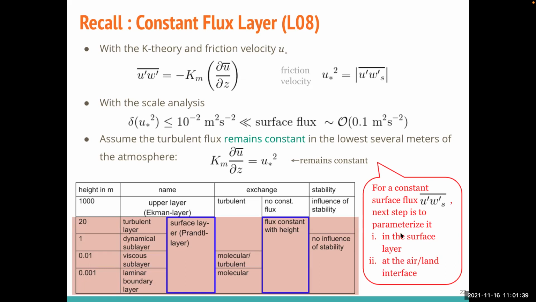So the two things we have already talked about, right? In the surface layer, how do we, I think we haven't done this. So how do we express this for different terms, especially height? For the two situations, just the surface layer and the interface between the land and the air.